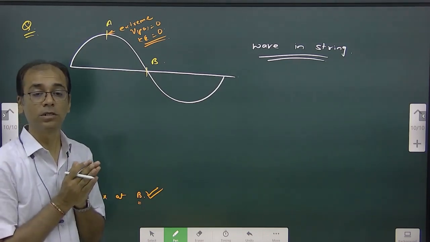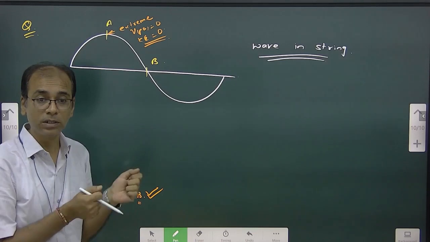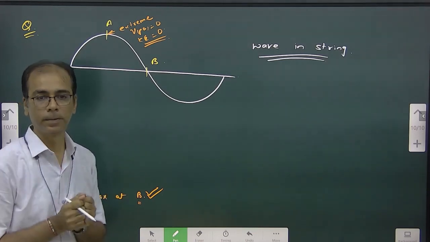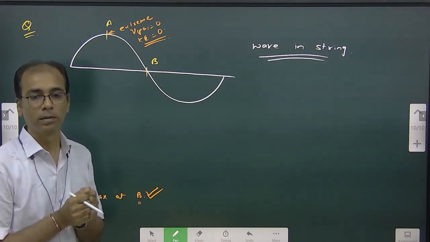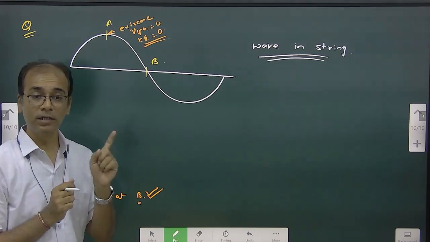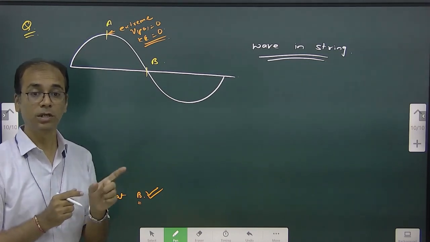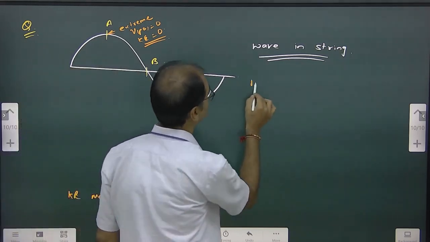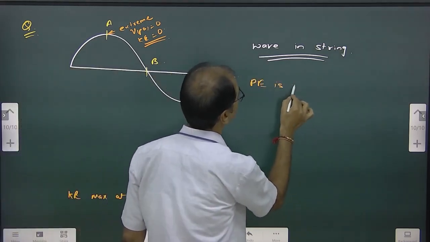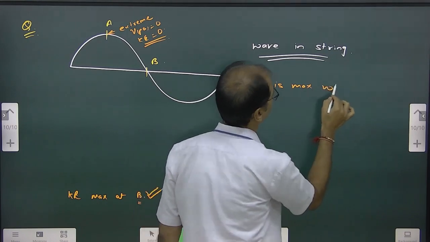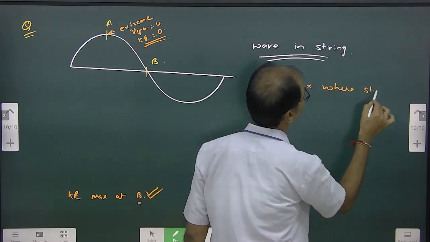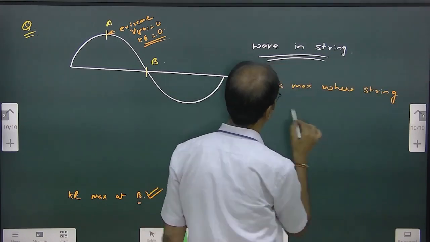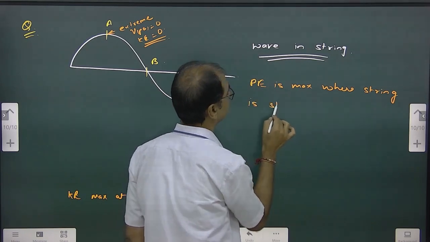This is potential energy of the string, because string is actually transferring the energy. Remember that. Kinetic energy is with the particle, but potential energy with the string. So potential energy is maximum where string is stretched maximum.